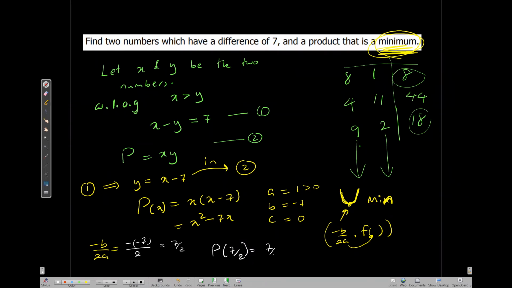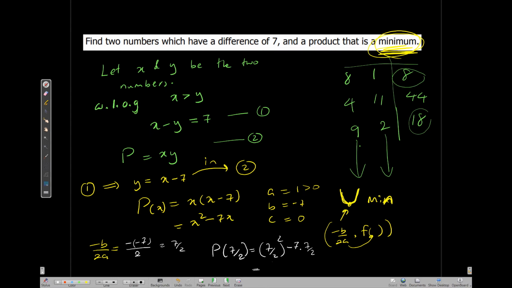So 7 over 2 squared minus 7 times 7 over 2. Now, let me double check. Did I do any mistake? I don't think so.